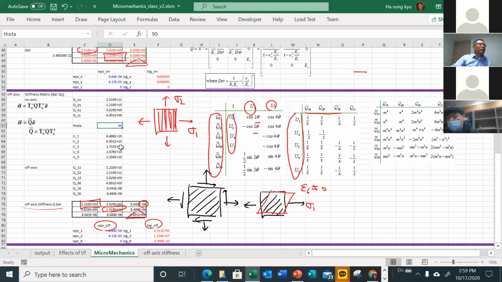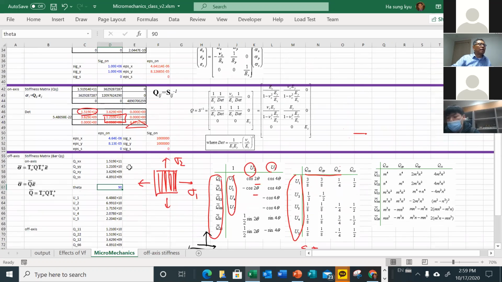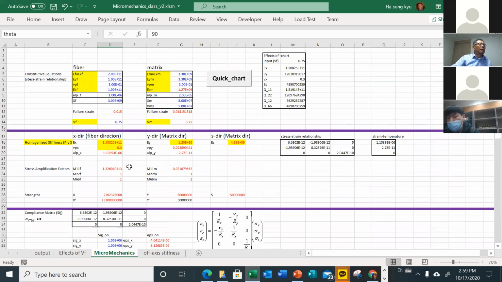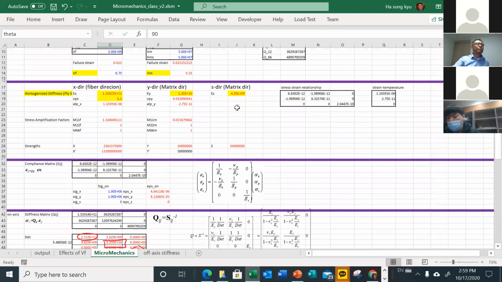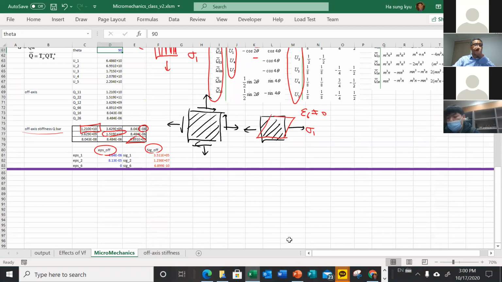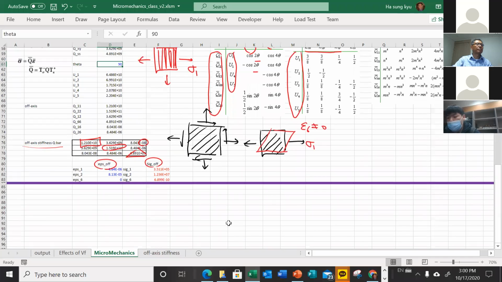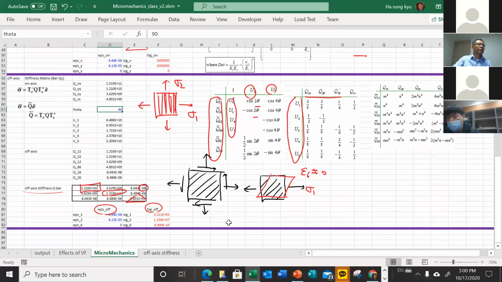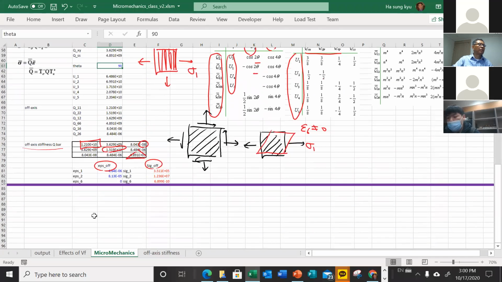Now, instead of entering a few angles, we can get the values automatically using the macro. Let's do one more step.